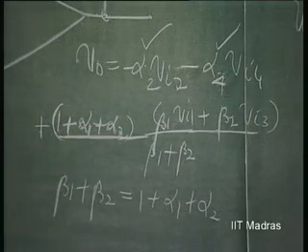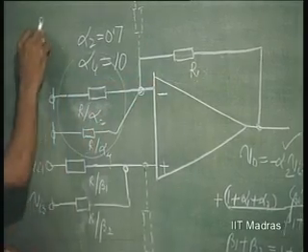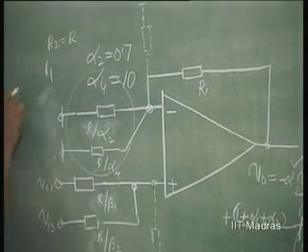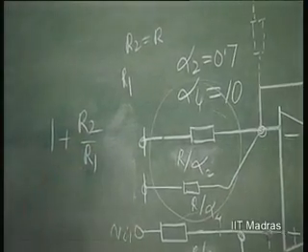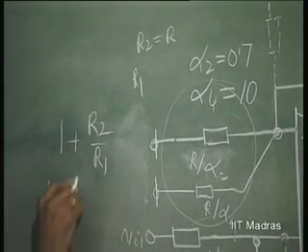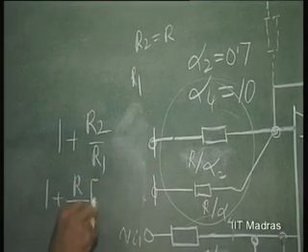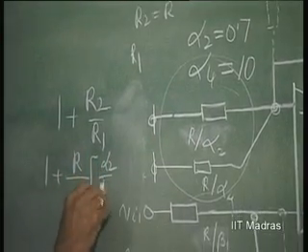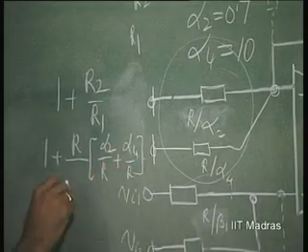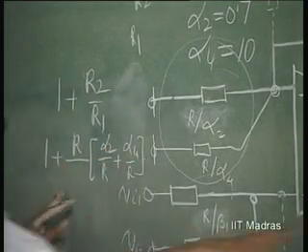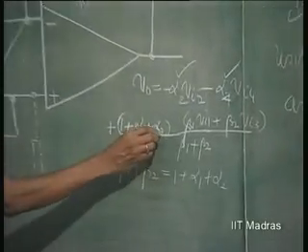Why? If this whole combination is R1 and this is R2, with R2 equal to R, the gain we have known is 1 plus R2 over R1. That means 1 plus R over R1, where R1 is the parallel combination of this, which is alpha 2 over R plus alpha 4 over R. So, essentially you will get the gain as 1 plus alpha 1 plus alpha 2.